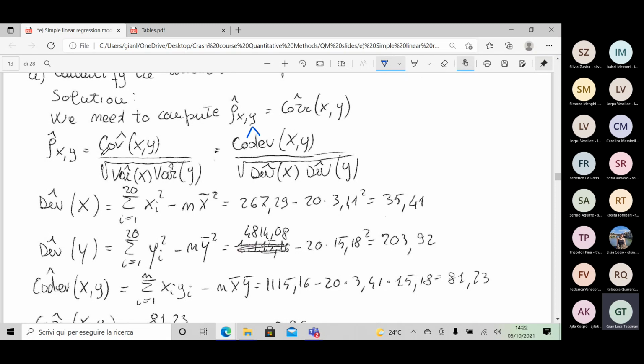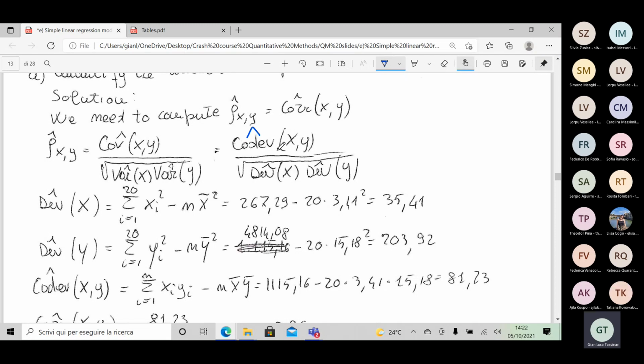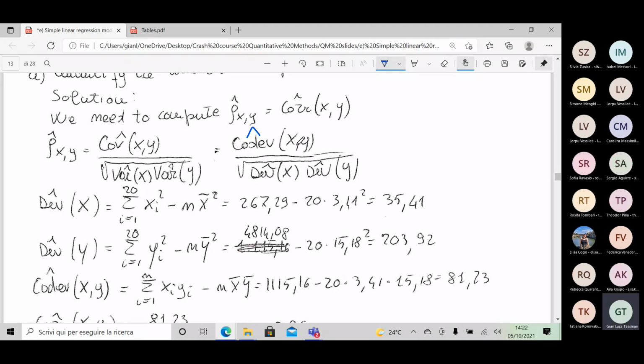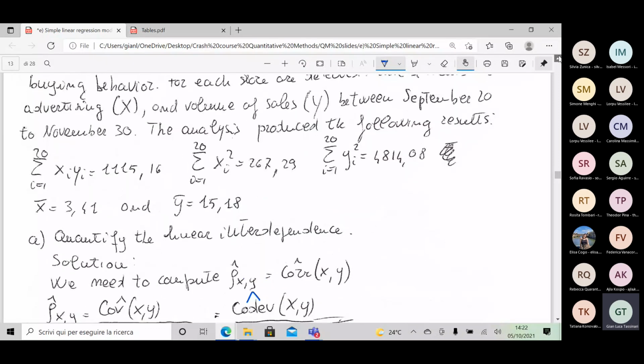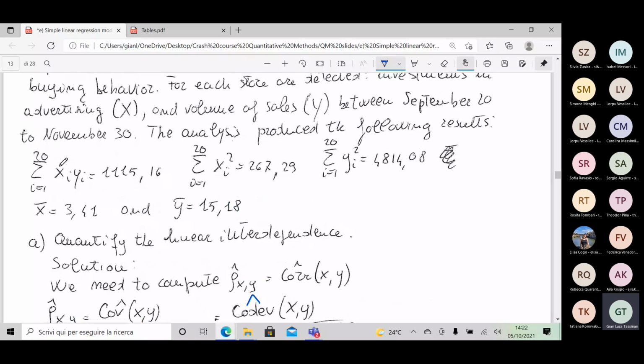To compute the correlation, we still need the codeviance. Which is the codeviance? Well, how can we compute it? Do we have enough information? Yes, because we have the sum of the cross products. Remember, the codeviance can be computed, according to one of the two formulas I gave you, as the sum of the cross products minus n times the product of the averages.